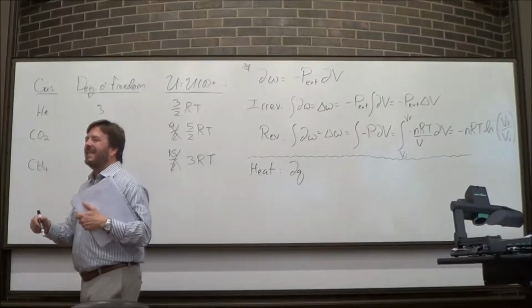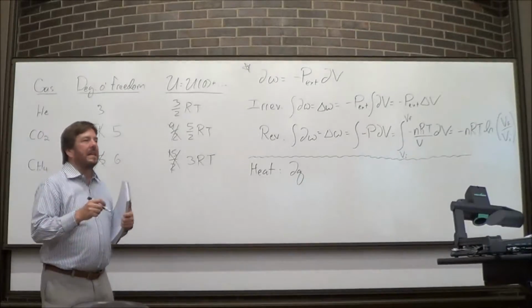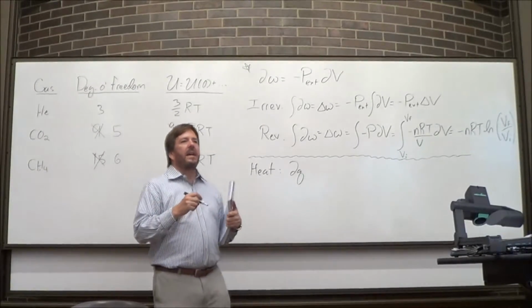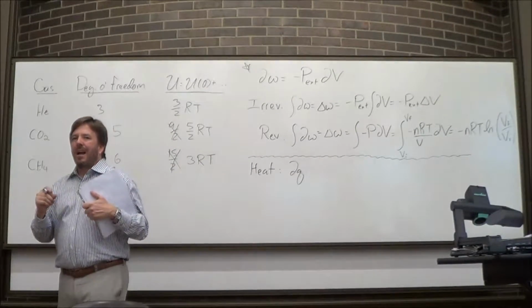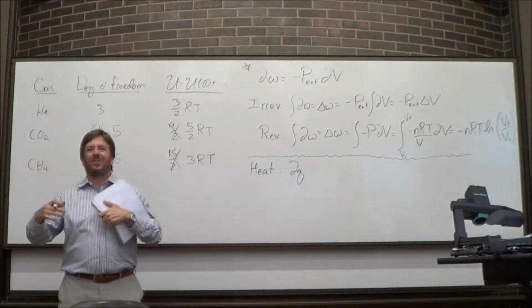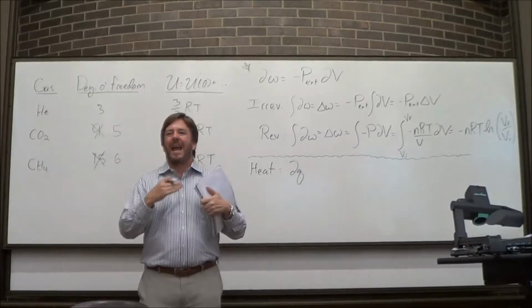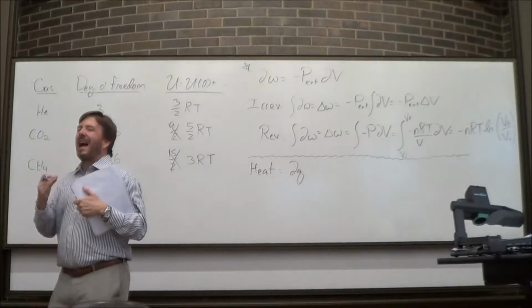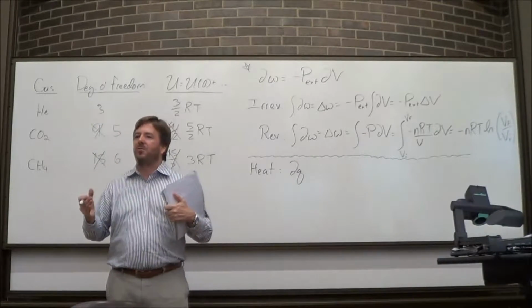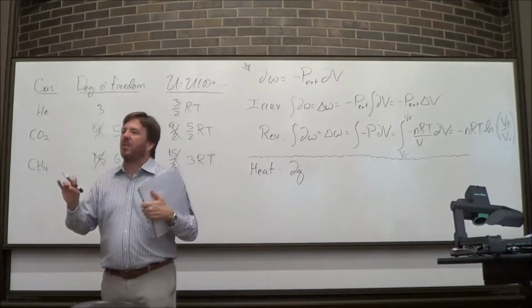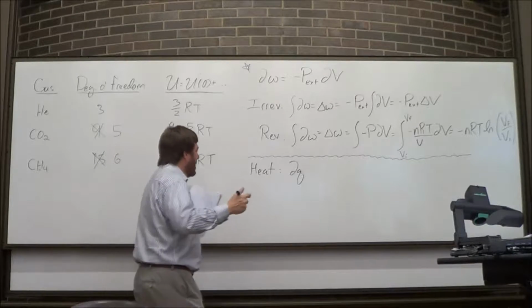When I ask about a heat transaction, largely I'm going to say I've added 100 joules of energy in the form of heat to the magic cylinder. That's it. And so you just write that down and you get the point. I can't really do more than that. I kind of have to give it to you when I'm talking about something changing by a heat transaction. It's actually rather boring. Maybe I should have started with heat.